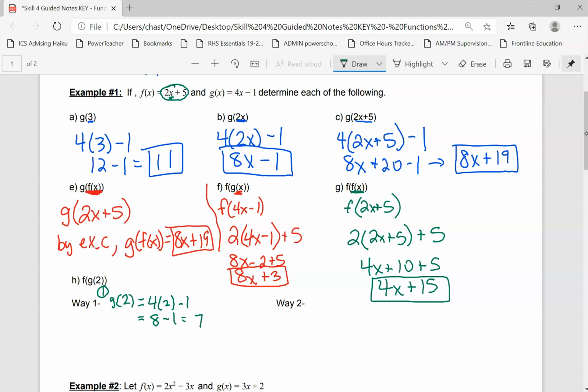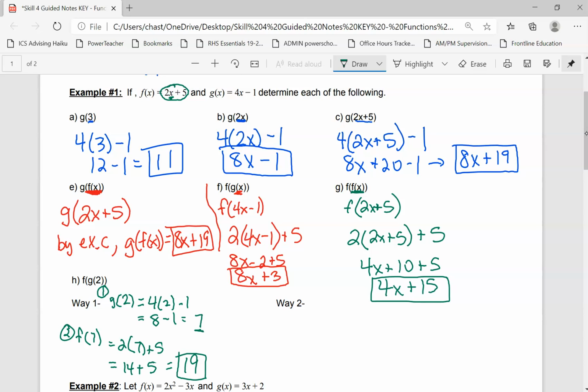That would be our first step. Then our second step is to find f of that value, 7. So we use our f of x function: 2 times 7 plus 5, and we get 19. This method just plugs in the 2 ahead of time, which makes your life a little simpler.